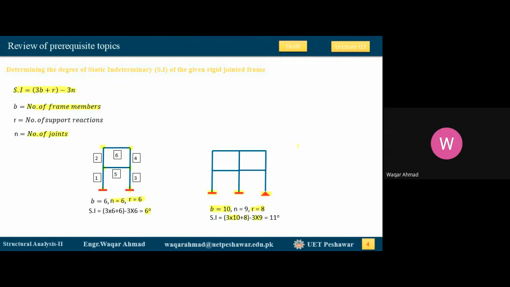So 9 into 3 is 27. If you subtract 27 from 38, you get 11. So there are 11 unknowns in this frame structure which cannot be solved using the available equilibrium equations.